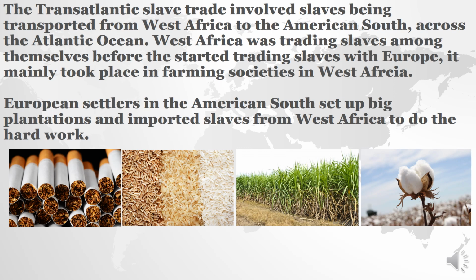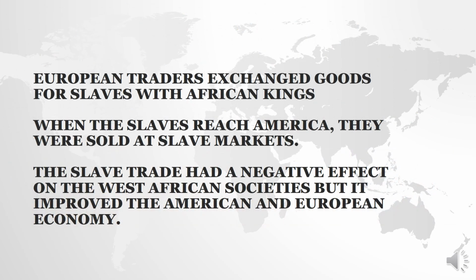The European settlers in the American South set up big plantations and imported slaves from West Africa to do the manual labor, the hard work. European traders exchanged goods for slaves with the African kings. When the slaves reached America, they were sold at slave markets.